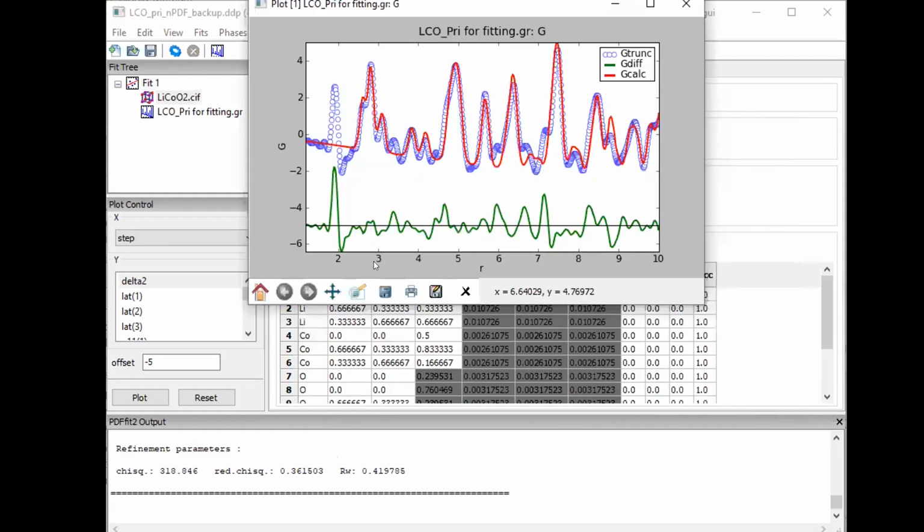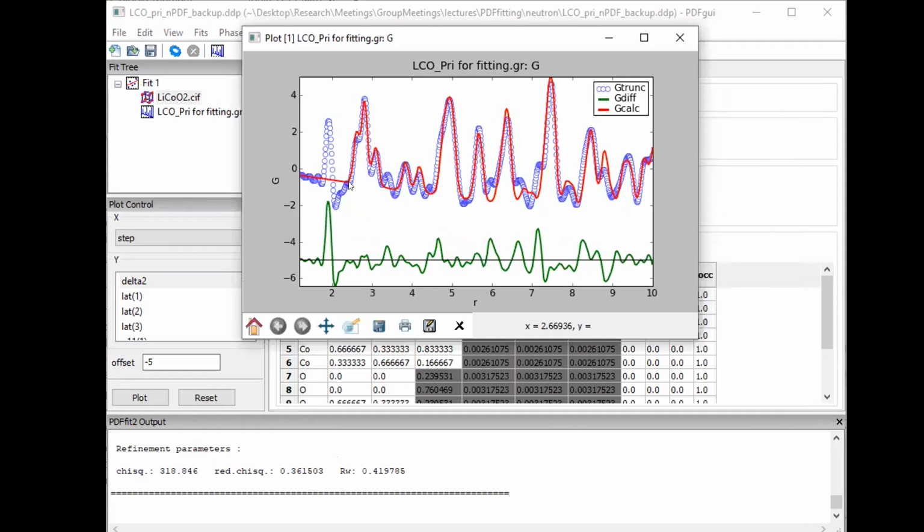You see the oxygen atomic pairs are actually contributing to most of the pattern. This is something you definitely would not be able to see in the X-ray, since oxygen is such a light scatterer in X-ray. But in neutron, you see these 3 peaks. They are solely contributed by oxygen.